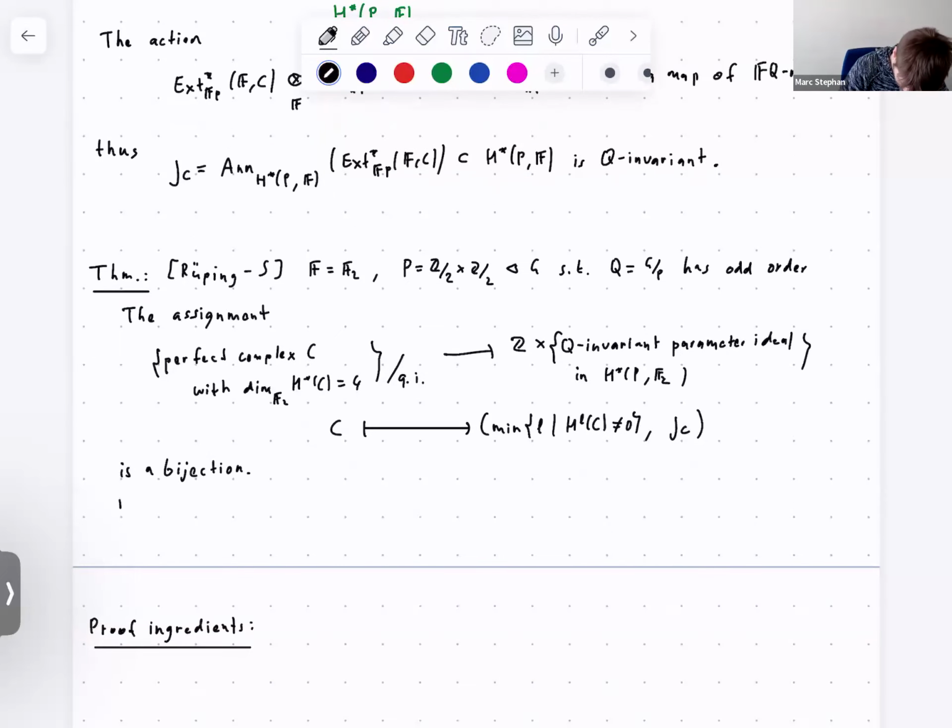Moreover, this L basically just tells you we can shift the perfect complex up and down, but let's say the lowest is now in degree 0.